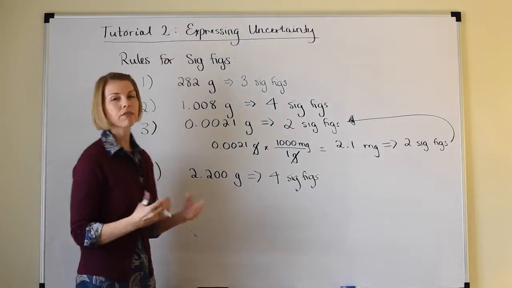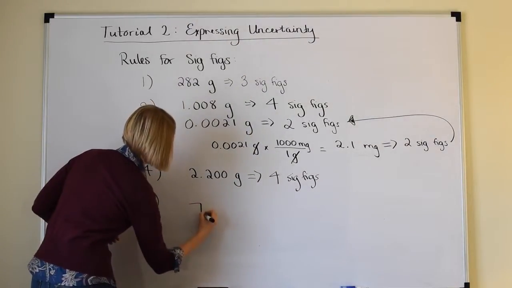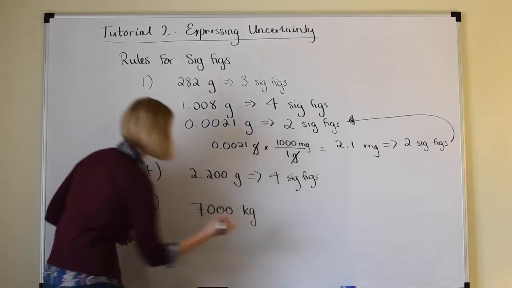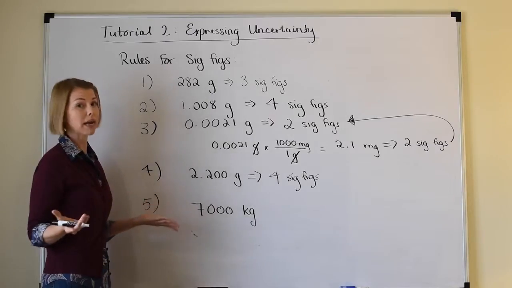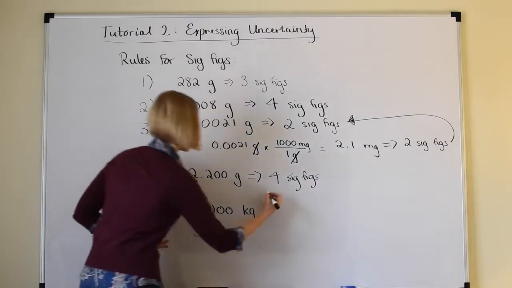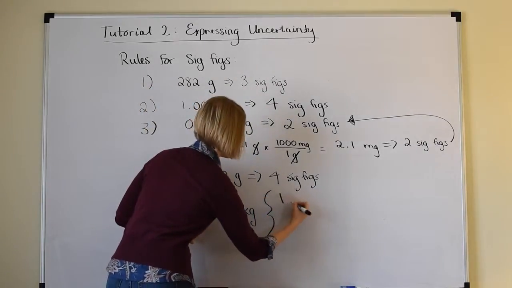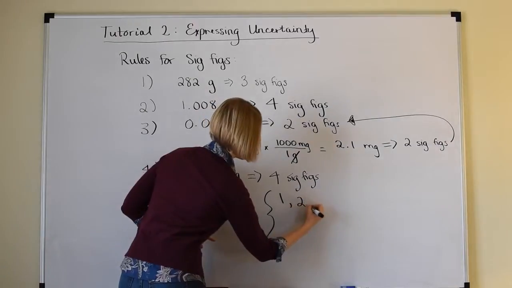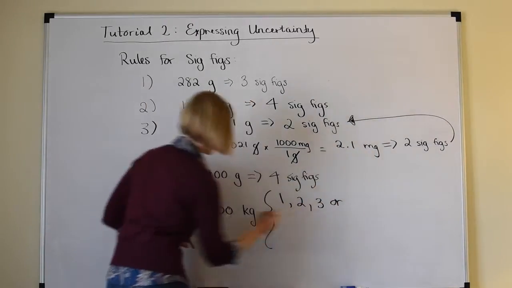Okay, so let me give you an example here. Let's say that you had a number like 7,000 kilograms. Well, that would be very ambiguous. Those zeros may or may not be significant. So this could be 1 sig fig, could be 2, could be 3, or it could be 4.